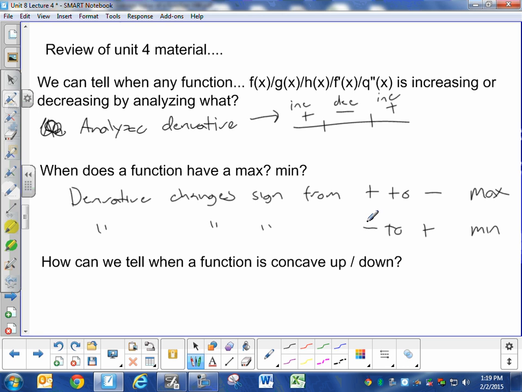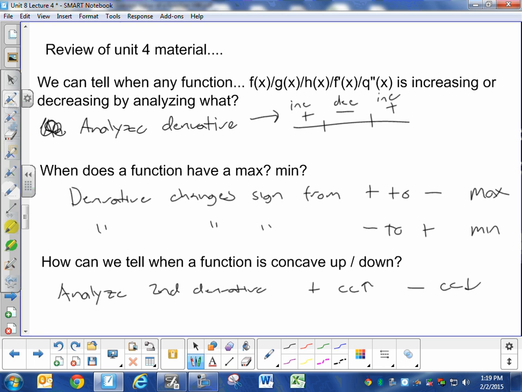How can we tell when a function is concave up or down? What do we analyze? Second derivative. If it's positive, we're concave up. If the second derivative is negative, we're concave down.